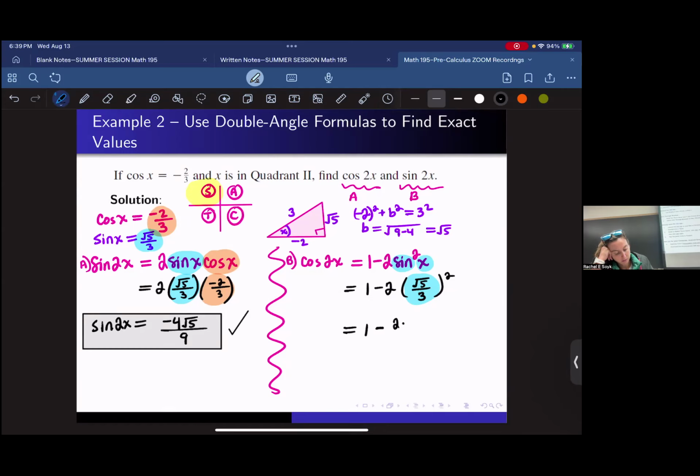So 2 times 5 over 9. 1 as a fraction is just 9 over 9. So we have 9 minus 10 over 9, which gives us -1 over 9 for cosine of 2x. And we are done.